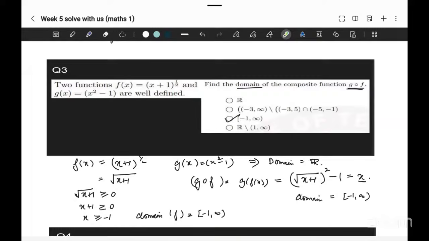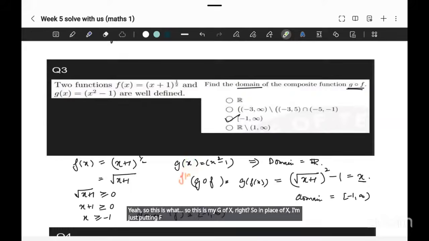So this is my g(x), and in place of x, I'm just putting f(x). What is my f(x)? f(x) is under root of x plus 1. So in place of x you put under root of x plus 1, so this will be (under root of x plus 1) square minus 1. If you solve this whole thing, I'm getting x.